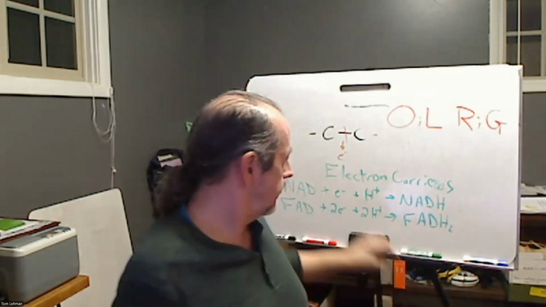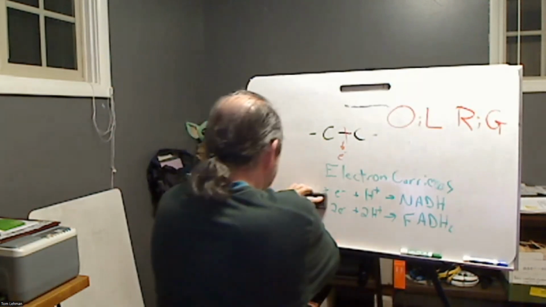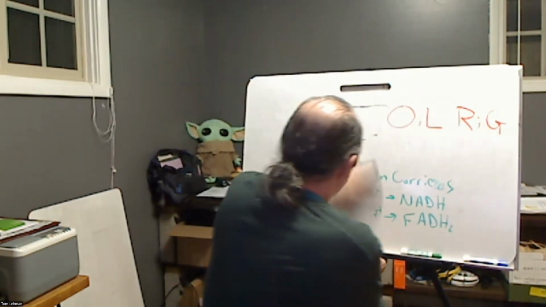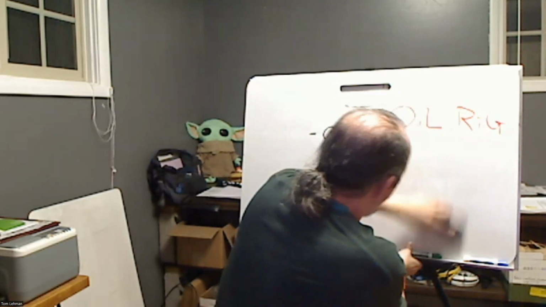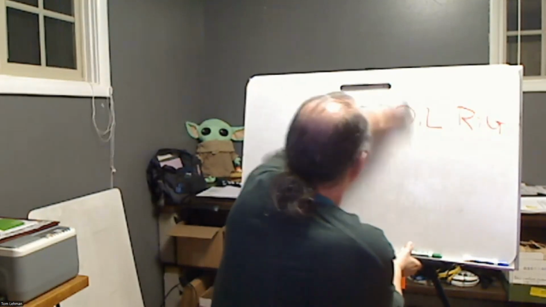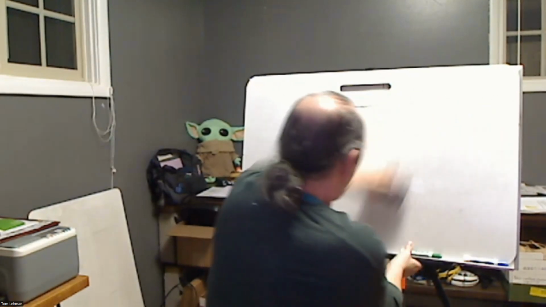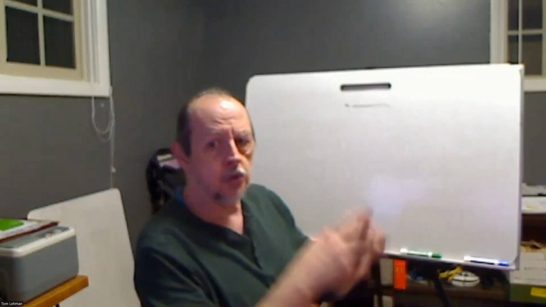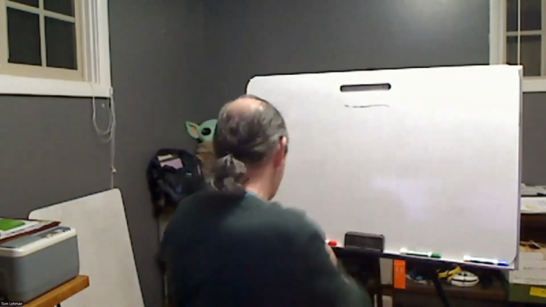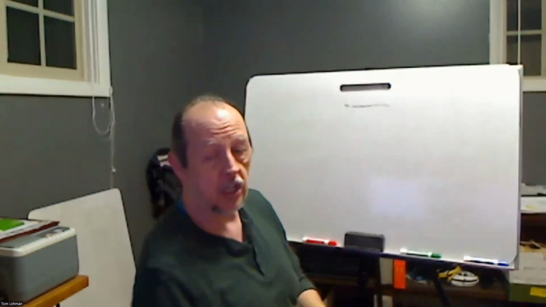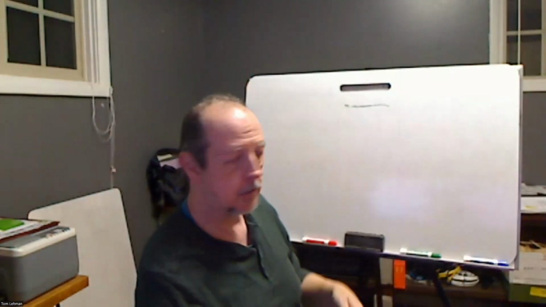All right, now, as I take a look at the molecules that I'm going to process as nutrients, if I want to use these nutrients for energy, they've got to have covalent bonds between carbons within the molecule.